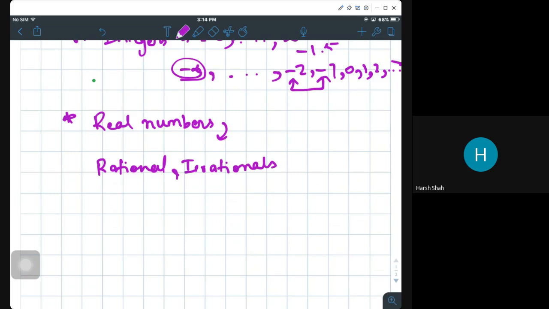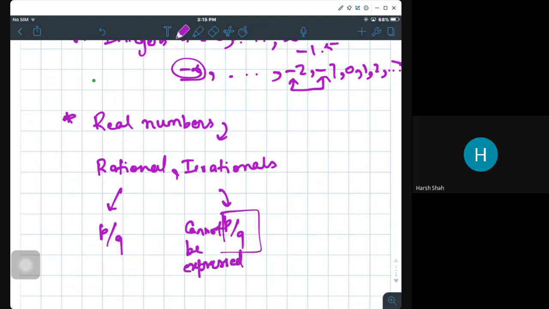What are rationals? Numbers that can be expressed as p by q, and irrationals are numbers that cannot be expressed as p by q, right? So one question they generally ask is, is root 2 a rational number? Is root 2 a rational number?